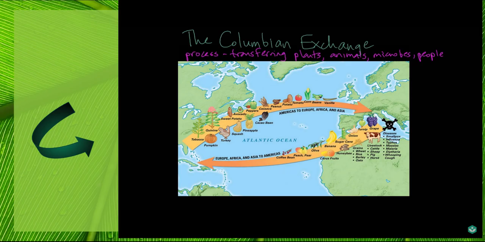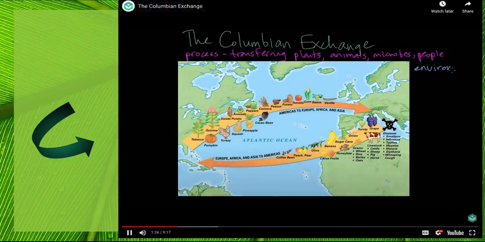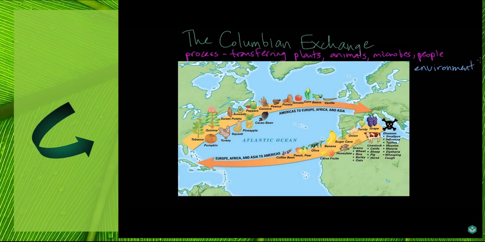And some of these exchanges of species were intentional, like bringing new crops to grow in environments that were suited to them. And some of them were unintentional, like the microbes and pests, which were like little hitchhikers on the bodies and crops that Europeans brought to the New World. And it had a tremendous environmental effect that had real consequences for people on both sides of the Atlantic.